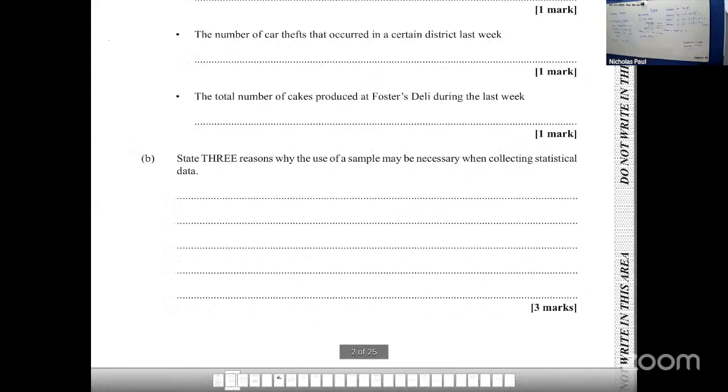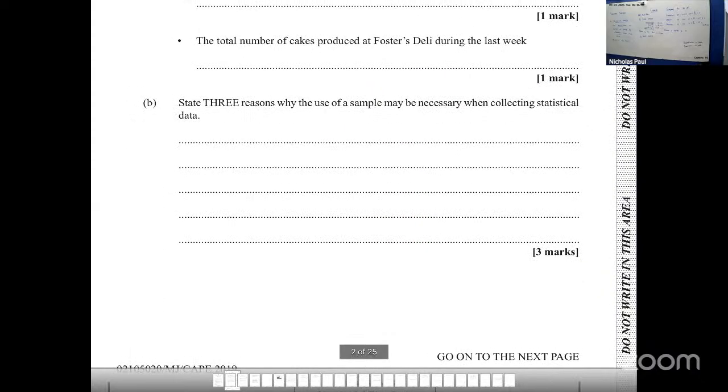Next one. State 3 reasons why the use of a sample may be necessary when collecting statistical data.